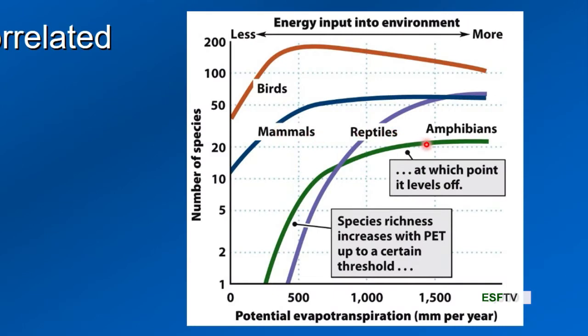So they're all going up at different rates because they're different kinds of organisms, from low evapotranspiration to high, and they all plateau at some point. Note the reptiles kind of take the longest to get there. Birds plateau out pretty quickly. Okay.